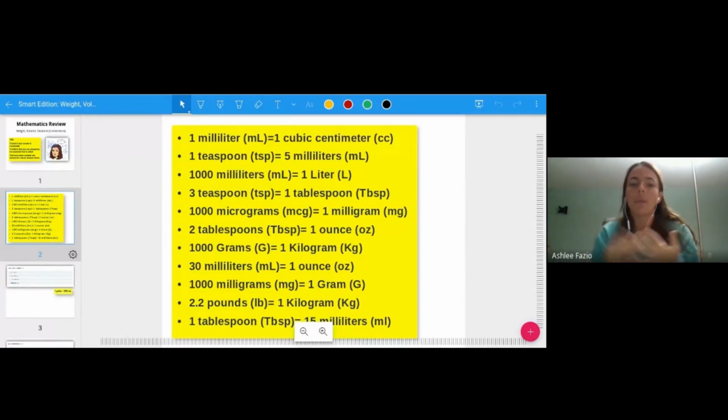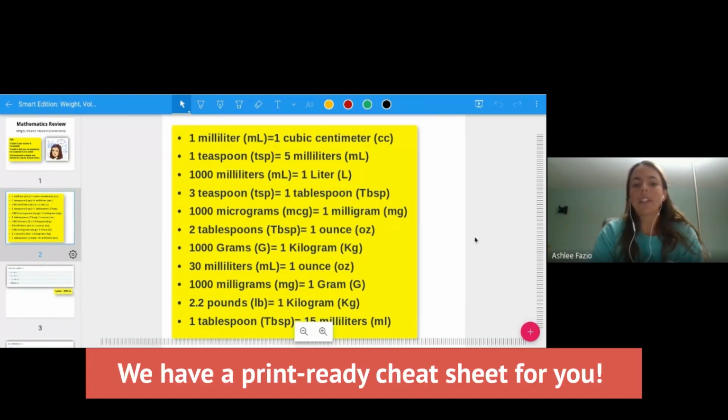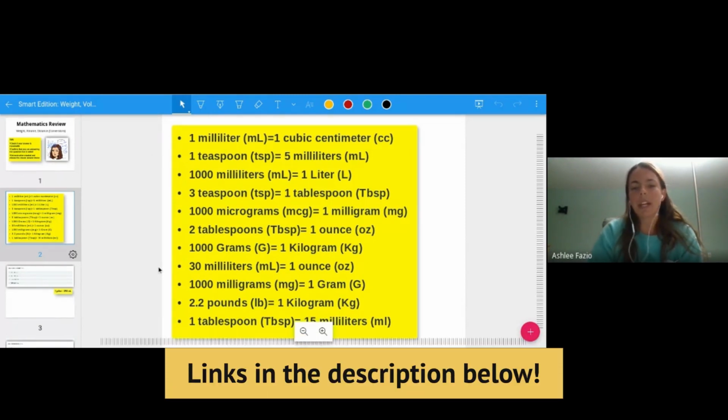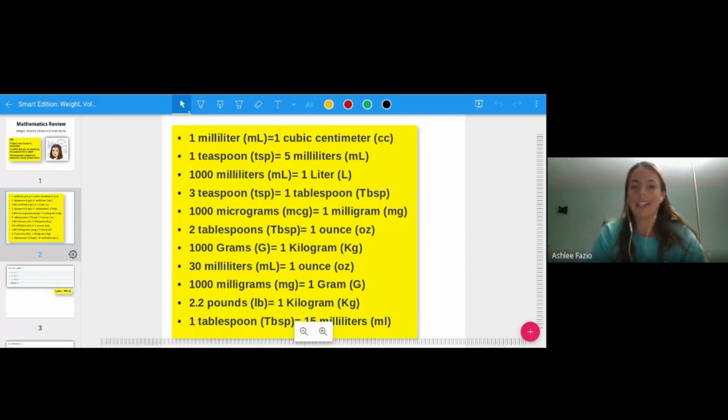We have ones that go in the metric system where we have to deal with going from, like down here, milligrams to grams. So there's a few different kinds of conversions that we have to know, and this is just an example of some of them. So if you want to screenshot this, feel free. But this will also be available later on in the Facebook group for you to look back on if you'd like.